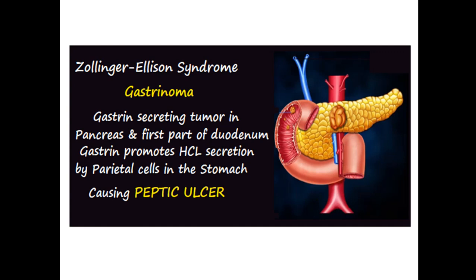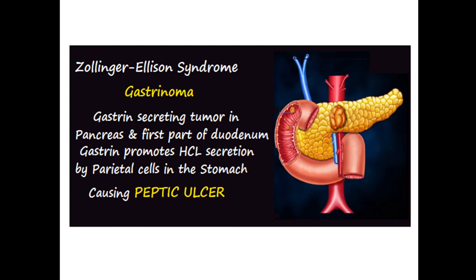which is important for the absorption of vitamin B12 in the ileum, and vitamin B12 is an important component of the red blood cells. Now here what happens is that, like the G cells in the antrum of the stomach, G cells are also present in the pancreas and duodenum.